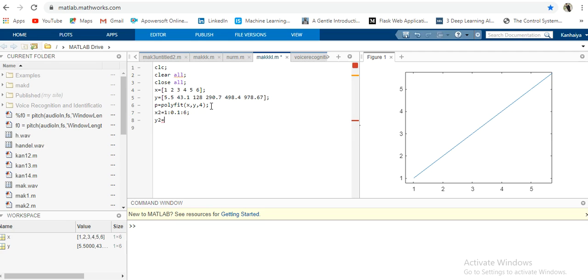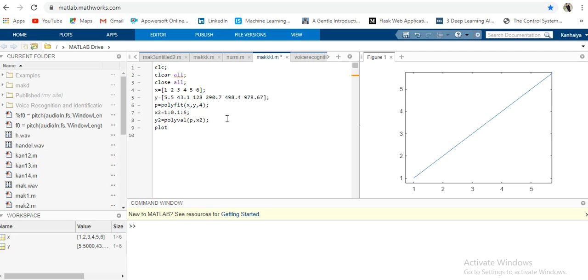That means I have solved the polynomial at some point. In the same way we will solve the polynomial over a range of points. Polyval at p comma x2, that means for each value in x2 we will find a unique value that will be stored in vector y2. Okay, I think you got it.